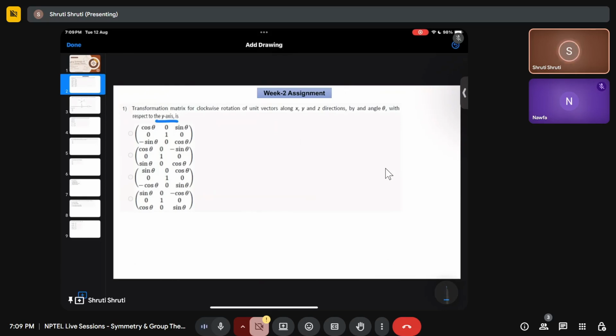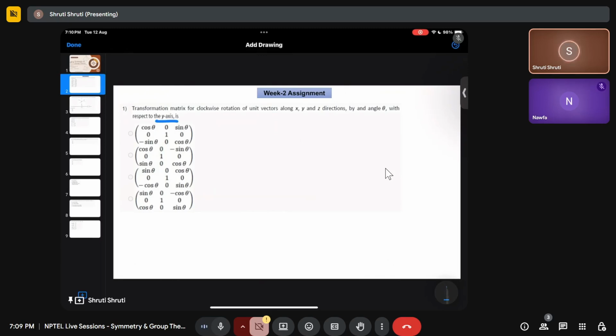Through matrices. For every symmetry element, we have a matrix that, when we operate it on the atoms or the bonds, or the whole molecule itself, changes that molecule.